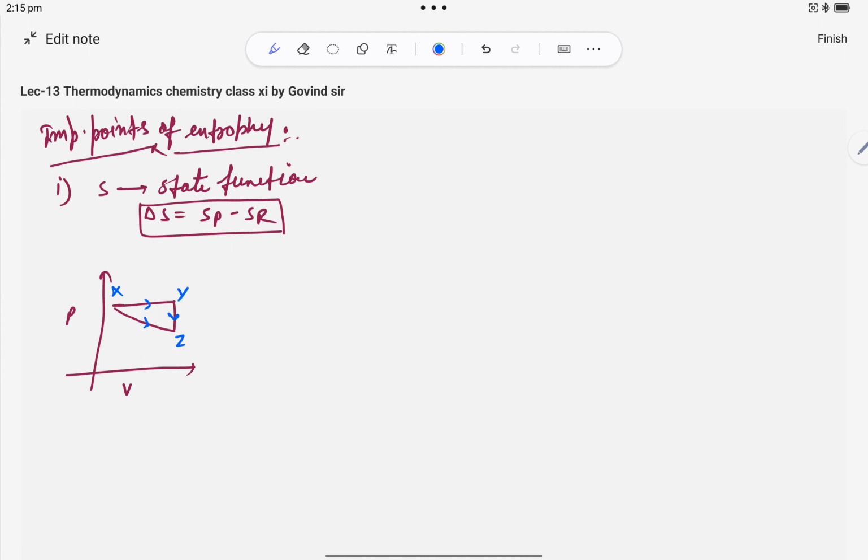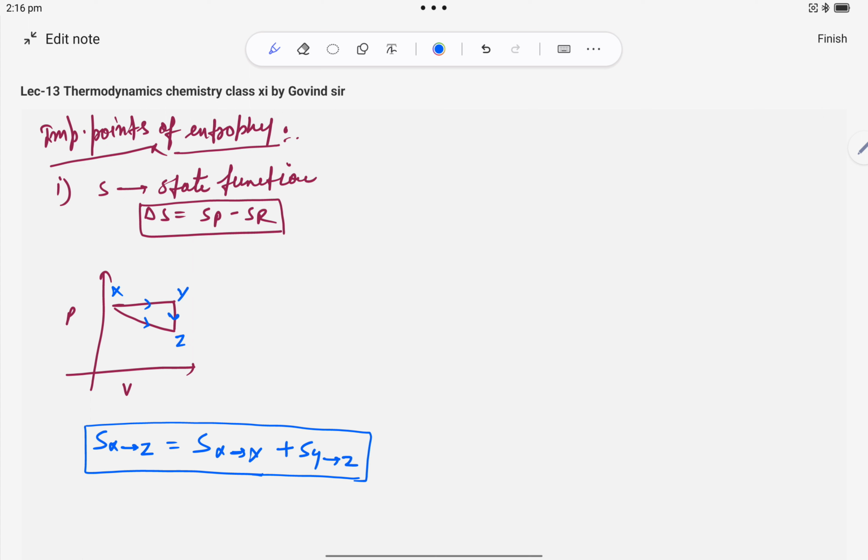So in that case, entropy of x to z is equal to entropy of x to y plus entropy of y to z. Okay, is it correct or not? This statement is true or false?